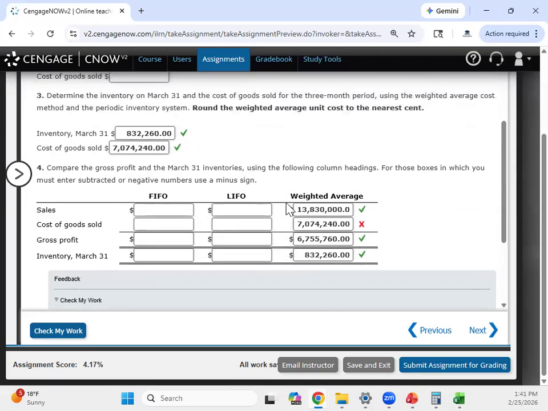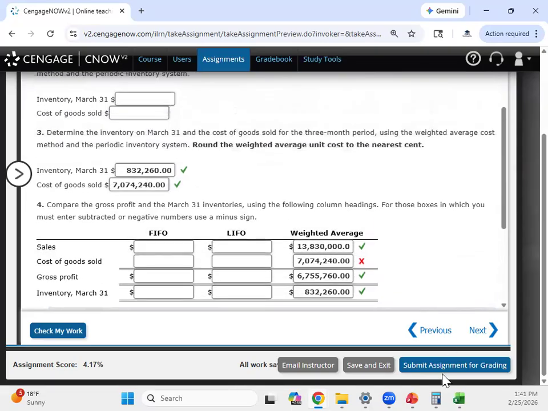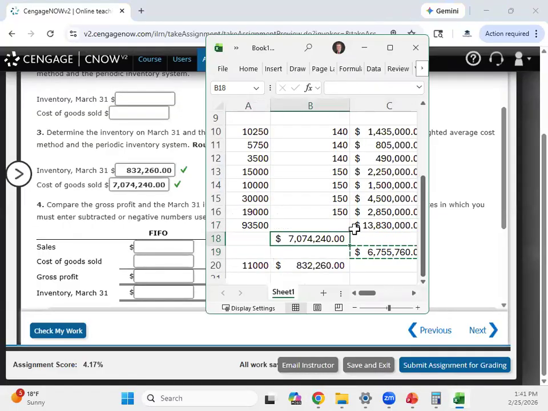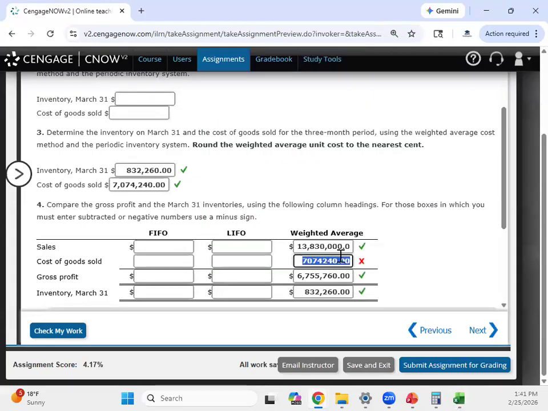That's really annoying. What is going on here? Oh, see, it says for the boxes in which you must enter subtracted or negative numbers, use a minus sign.